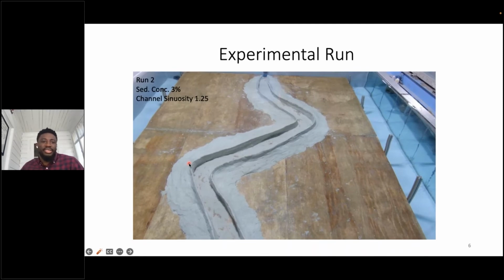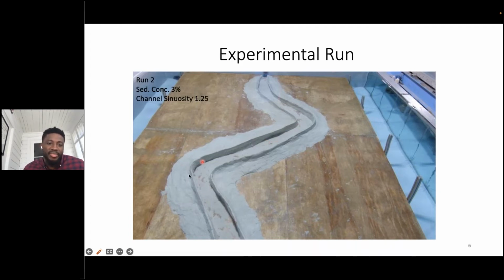So I was just going to show you guys, when we release the current into the channel, the current often overtops the channel walls, which is a common characteristic of turbidity currents. And then as the current negotiates the bend, there's often spillage. The current overspills sediments to the outer levee areas as it negotiates this bend, and then there's a reduction in the flow velocity.